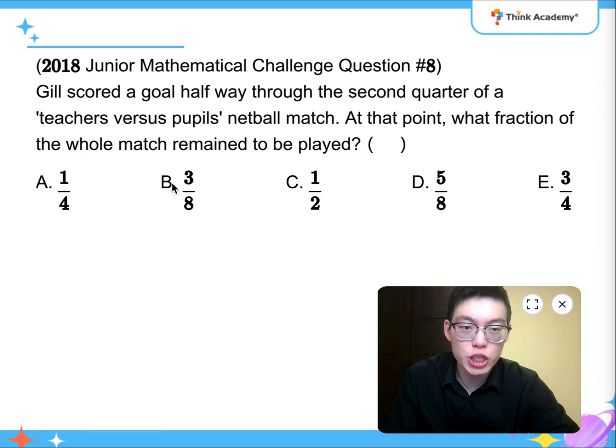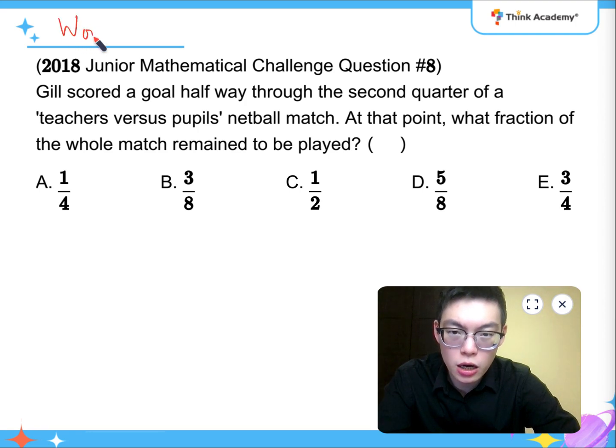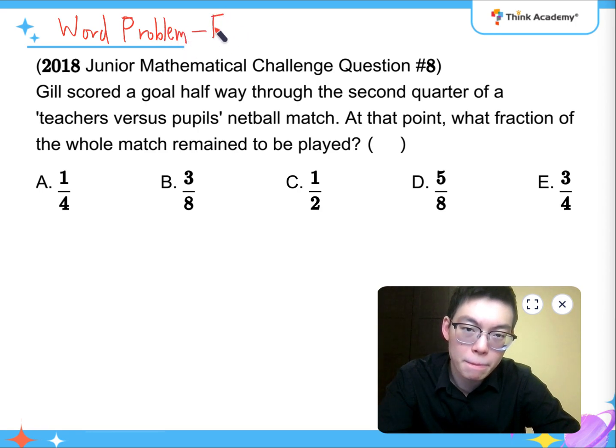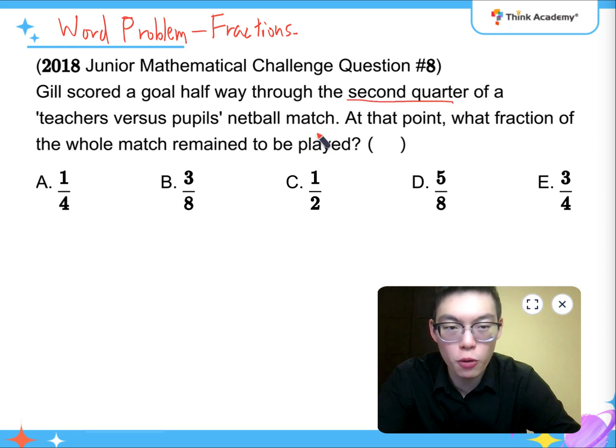And as for question 8, I would say that it is going to be a word problem on fractions. It says that Jill scored a goal halfway through the second quarter of a netball match.